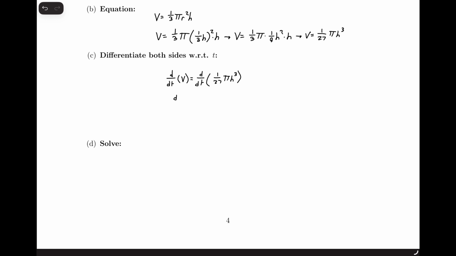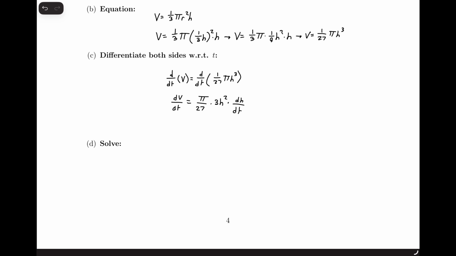Okay, implicit differentiation, we just have dV/dt, easy enough. Pretty easy on the right side as well. Pi over 27, that's a constant, so we just keep that out front as a constant coefficient. And then the derivative of h cubed is 3h squared, but with implicit differentiation rules, times dh/dt.